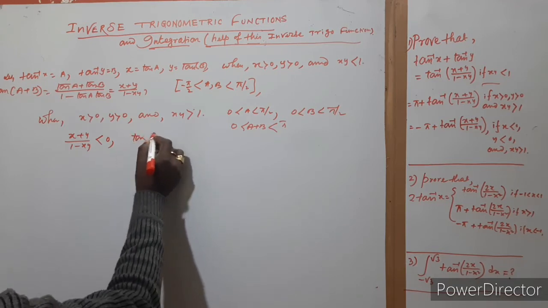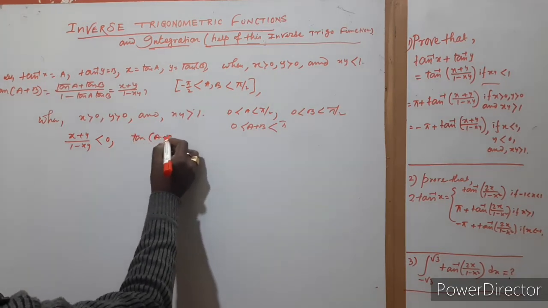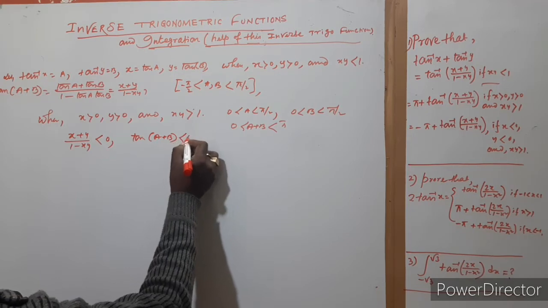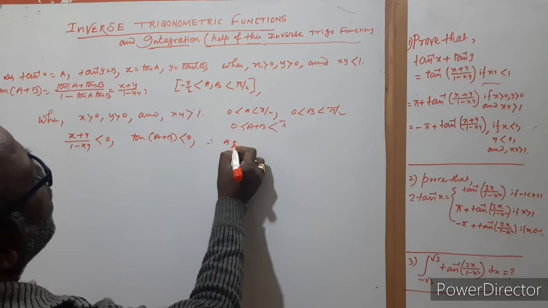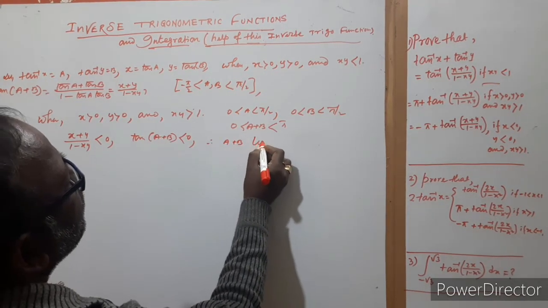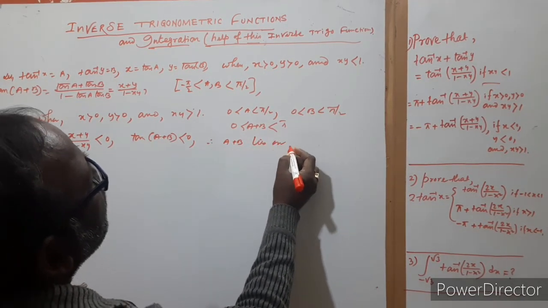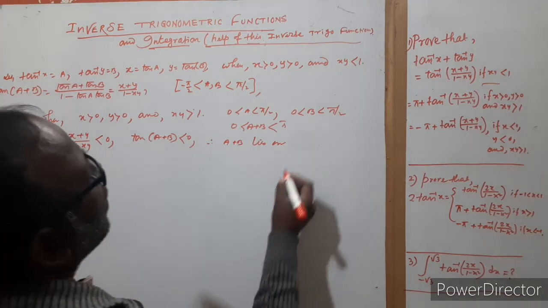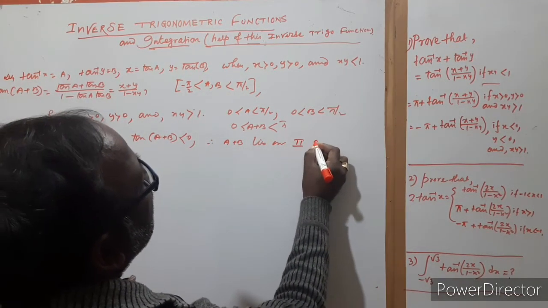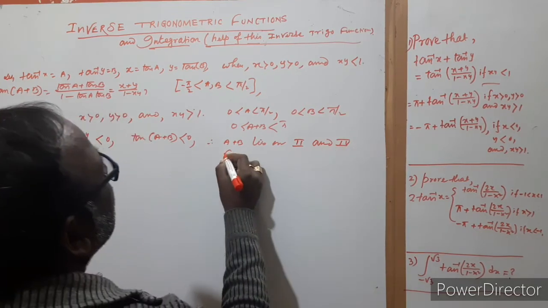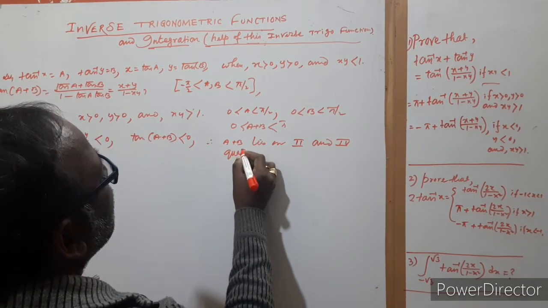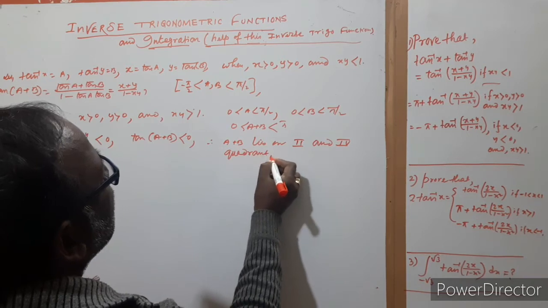So tan of (a plus b) is less than 0. Therefore a plus b lies on the second and fourth quadrant.